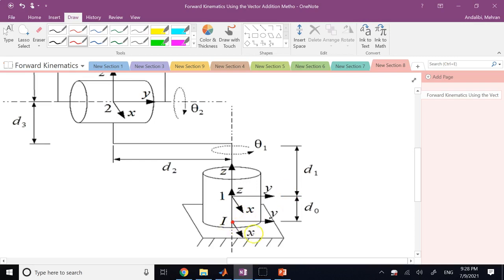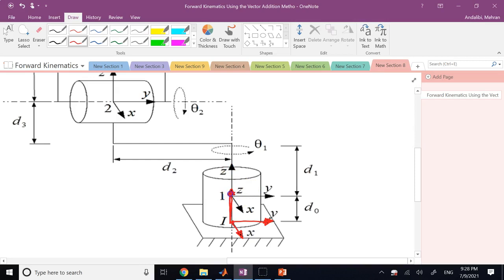So here xi, yi, and zi are these three that you can see. This is xi, this is yi, and this is zi.